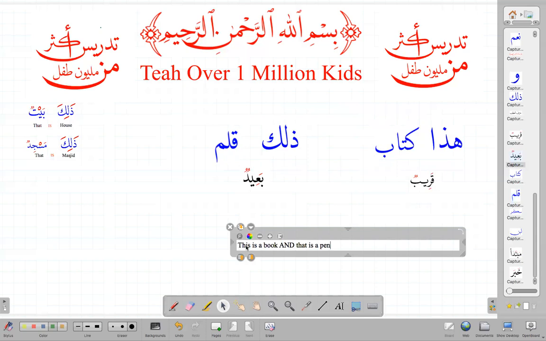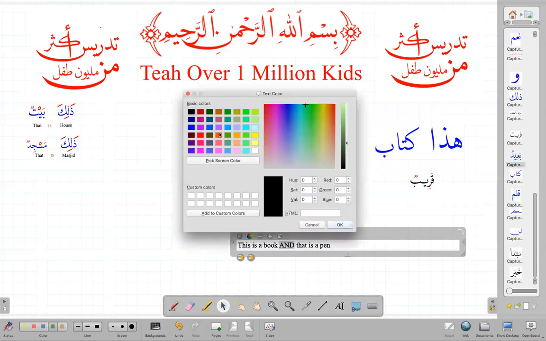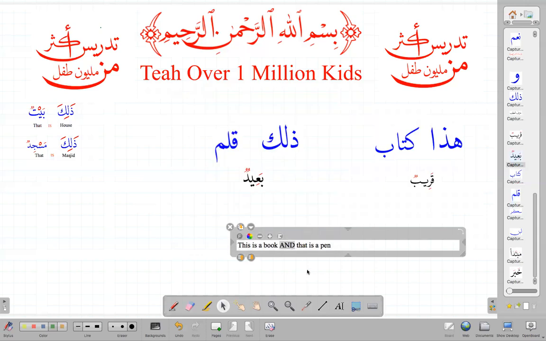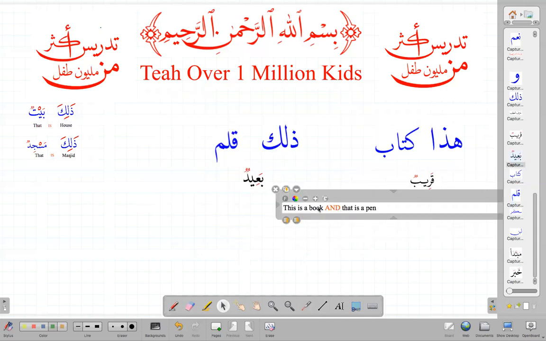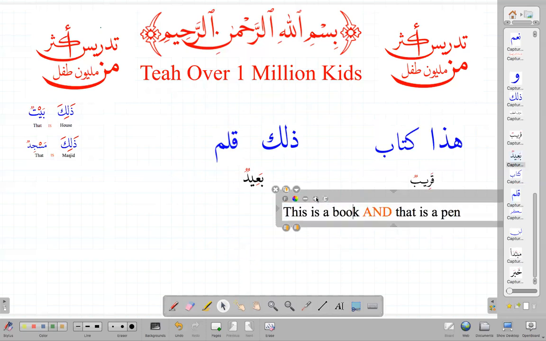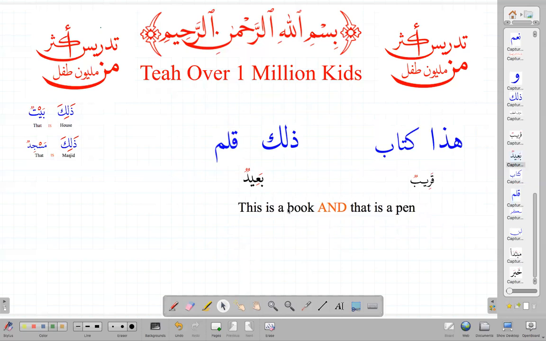We know that a book is kitabun. A pen is, what is a pen? Pen is qalam. So how to do this one? How to add and? What is and in Arabic?